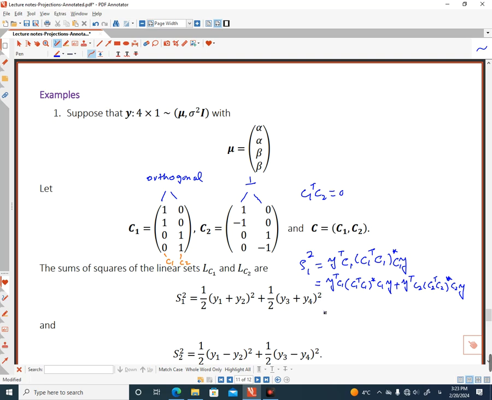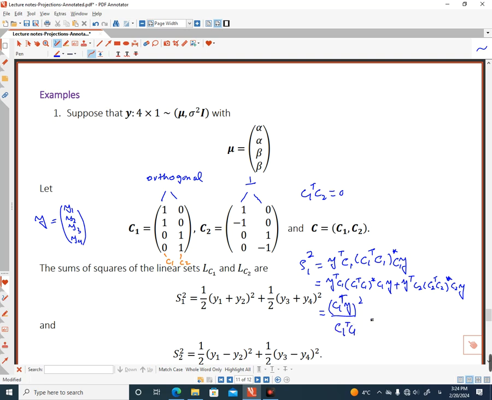And you can see if I take C1 as 1 1 0 0 and I multiply its transpose with C1 and also multiply the elements of y. Let me write the elements of y here. Keep in mind that the elements of y are something like y1, y2, y3, a column vector. Then you can simply get C1 transpose y power 2 divided by C1 transpose C1, and C2 transpose y power 2 divided by C2 transpose C2.